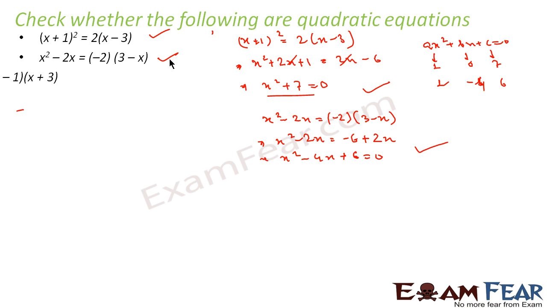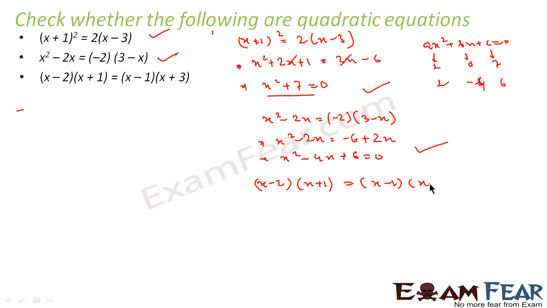We'll take one more example. (x minus 2) into (x plus 1) is equal to (x minus 1) into (x plus 3). Let's solve this.